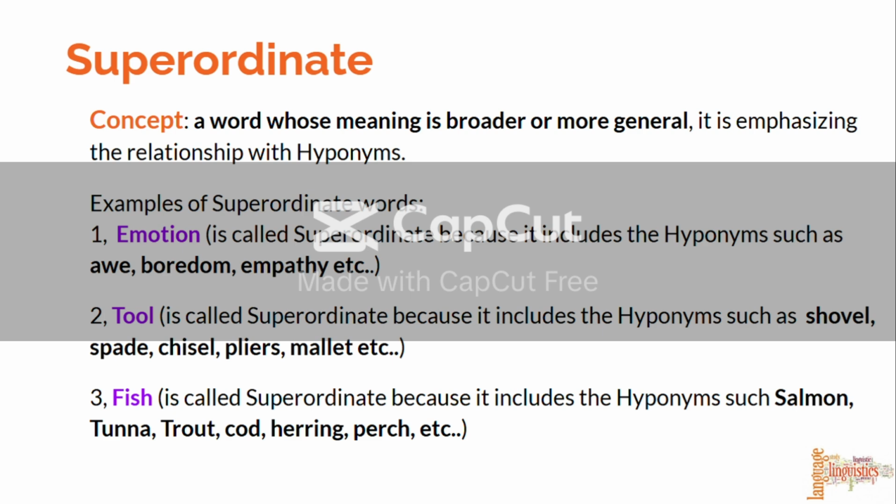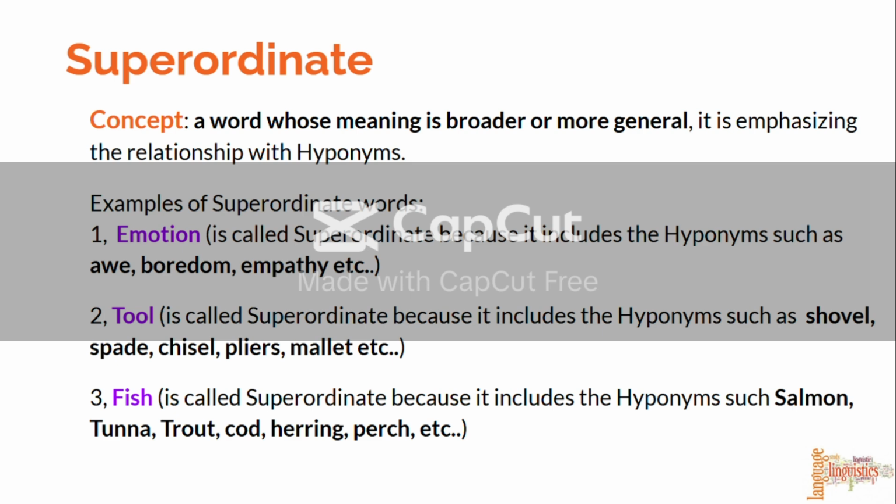Let's look at the first example, the word emotion. The word emotion is called superordinate because it includes the hyponyms such as awe, boredom, empathy, etc.